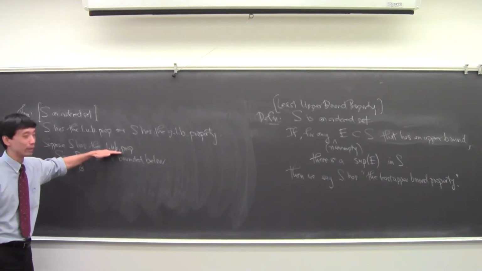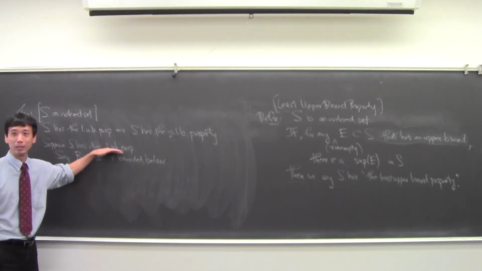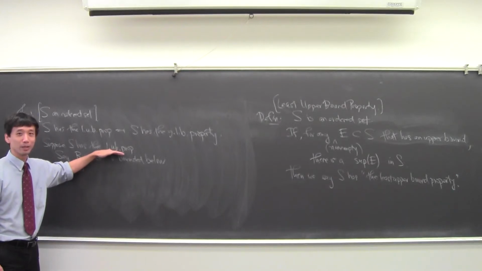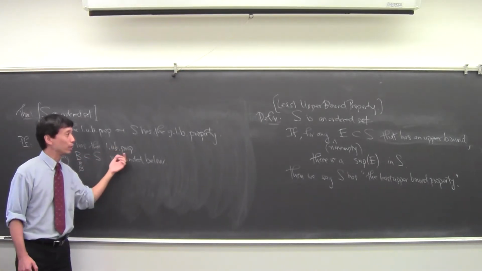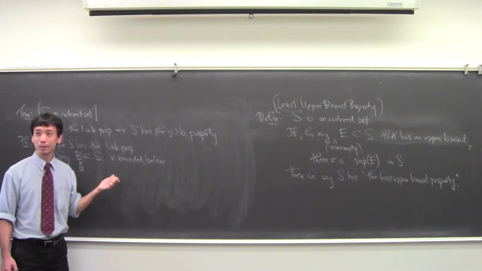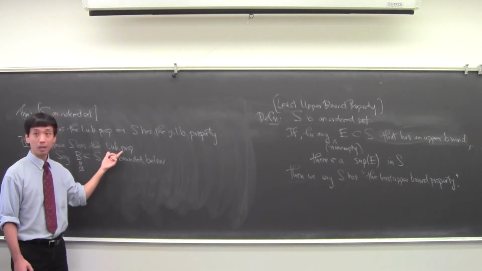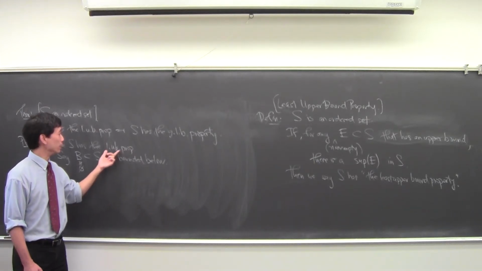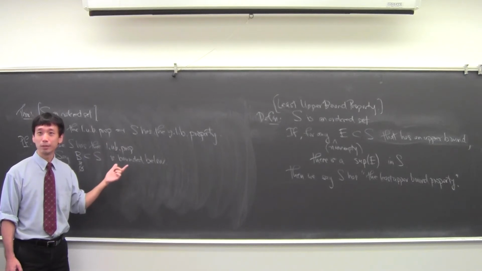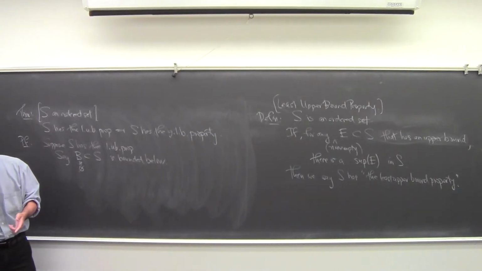We have only one tool at this point. We better use it, right? So we're looking for the greatest of the lower bounds, so let's look at all the lower bounds. Consider the set of all the lower bounds.